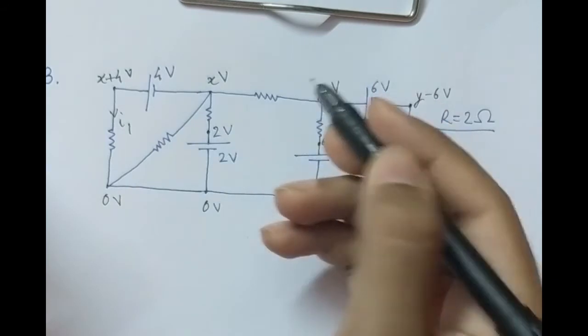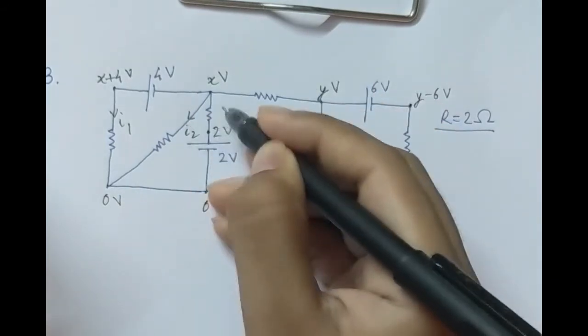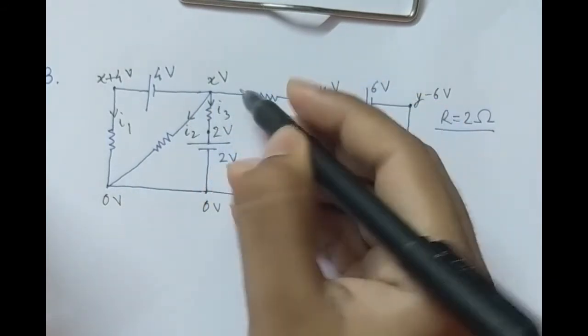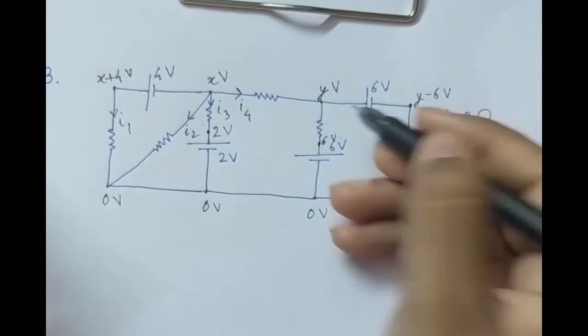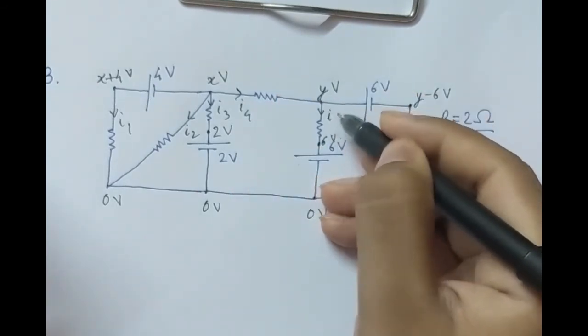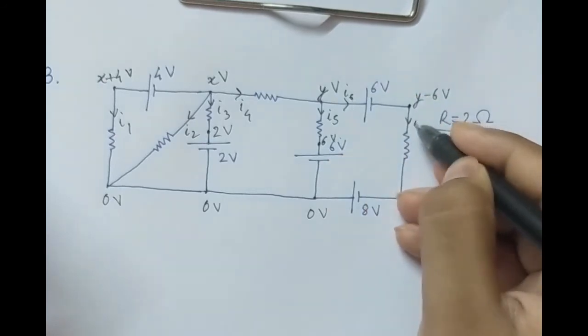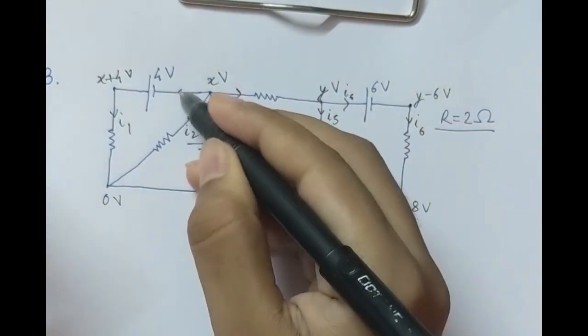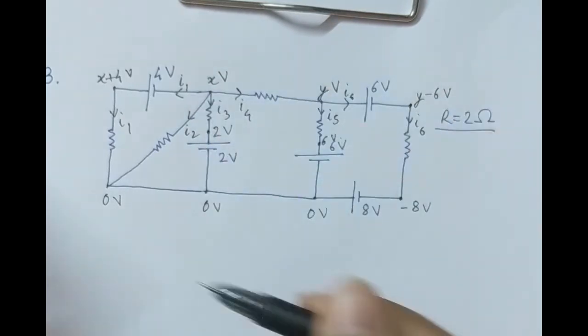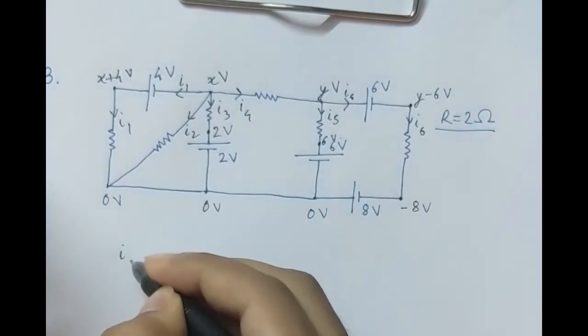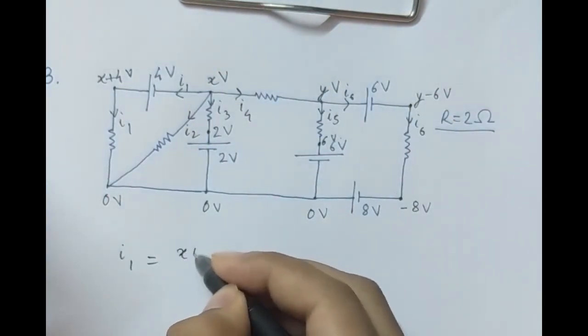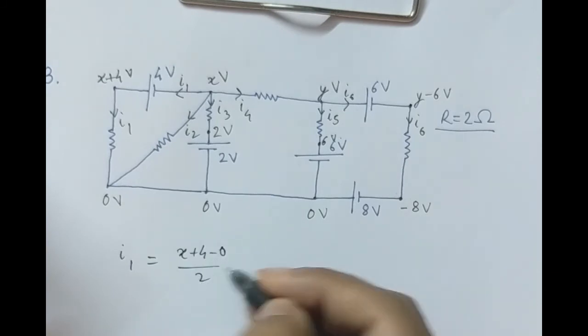You have I1, you have I2, you have I3, I4, I5 and I6, which is the same current that flows through this region. So I1 is equal to (x plus 4 minus 0) divided by 2.